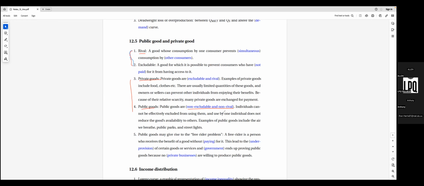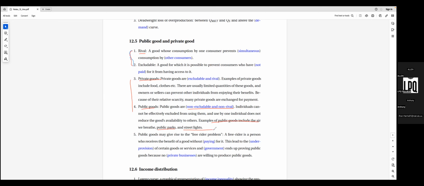Examples of public goods include public parks and street lights. All these things are paid by government, coming from the taxpayers.